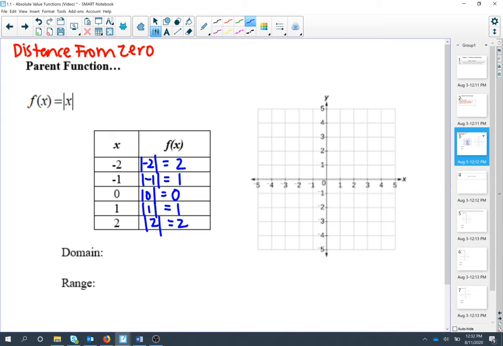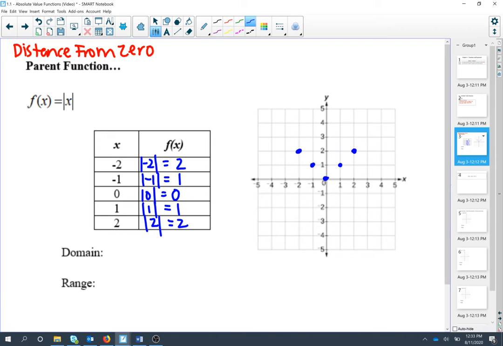So our first point up here, we have -2, 2. -1, 1. 0, 0. 1, 1. 2, 2. If you take a look at what's going on here, we've already graphed quadratic functions, and quadratic functions made a U. This is an absolute value function.